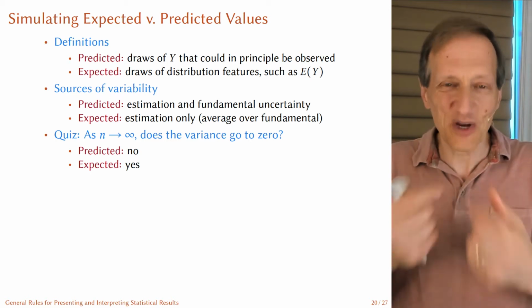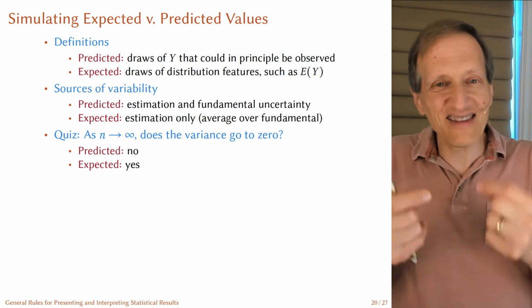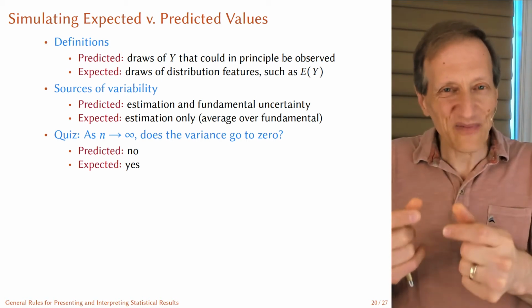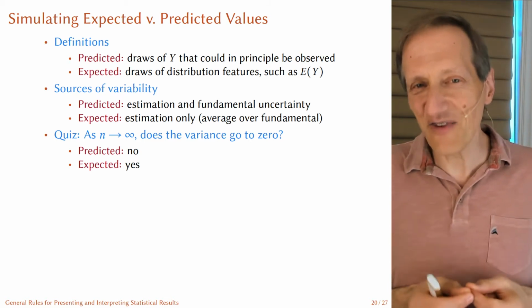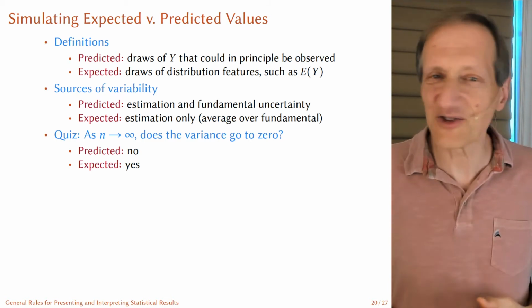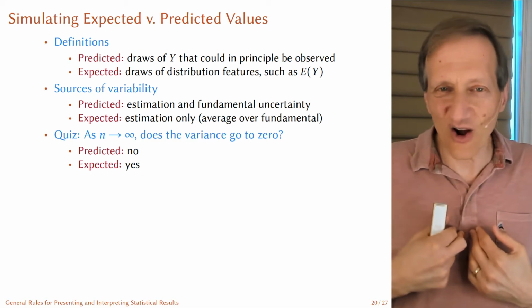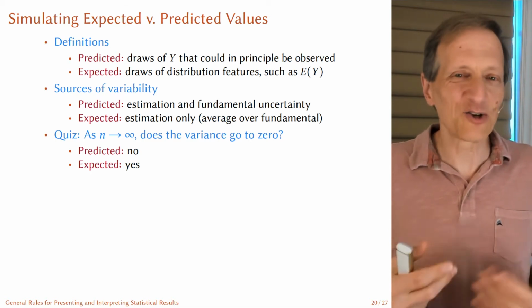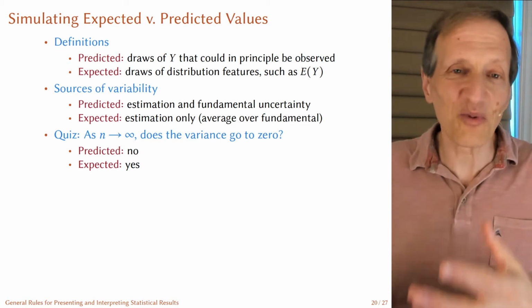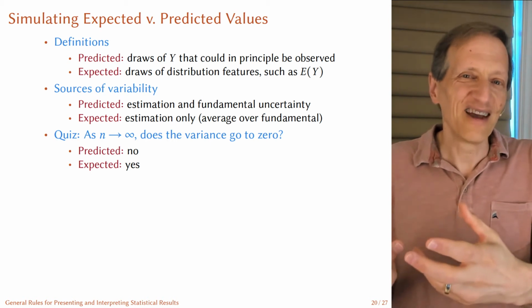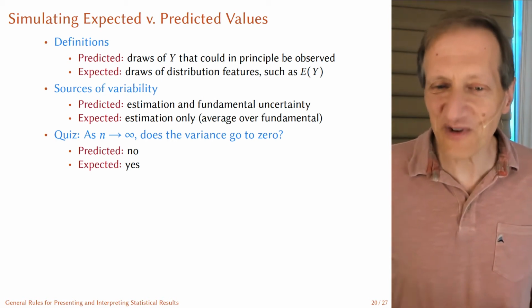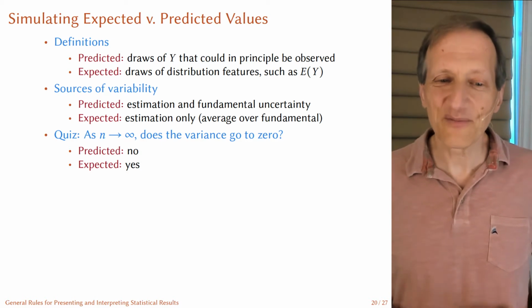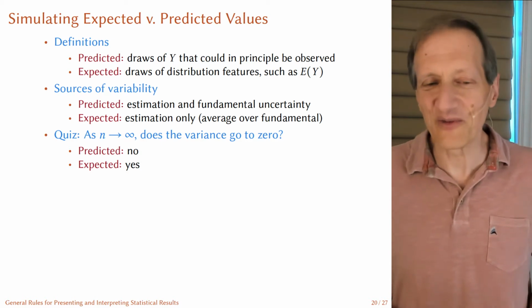And so we know those exactly, but then the expected values go into the model, and we simulate the predicted values, and those have fundamental uncertainty. Even if we collected a large sample, that doesn't constrain the world from its usual process of producing uncertain results. And so as n goes to infinity, the variance of predicted values doesn't go to 0.